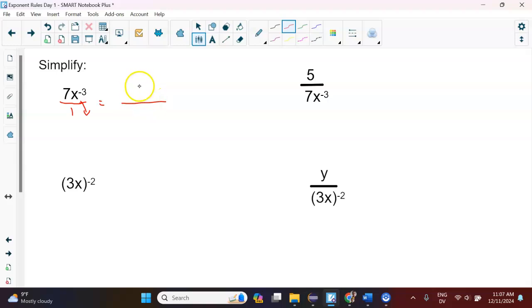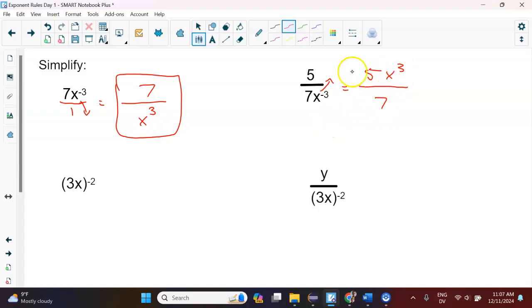So the 7 actually stays up in the numerator, and the x cubed moves down to the denominator and becomes positive. Okay, so that one cleaned up like that. This one is the reverse, where again the negative 3 is only for the x, so that's going to move up, and everything else stays put. So you have x cubed here, and then the 7 is down there because it's not affected by that negative 3 exponent.